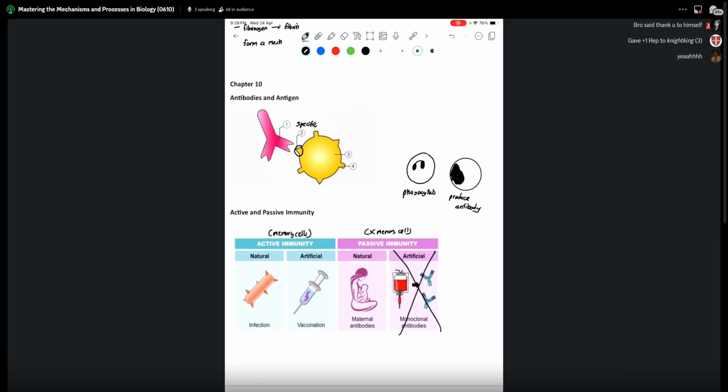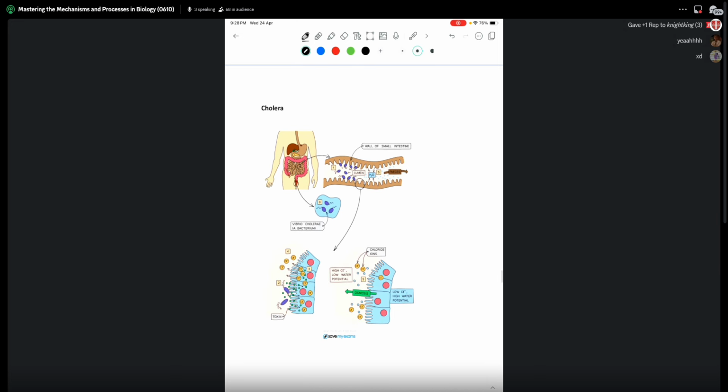Okay, let's move on. So cholera is a bacteria. It will secrete the chloride ion. Coming back to osmosis, chloride ions are almost like a salt. So when there are a lot of chloride ions, the solute concentration will increase.